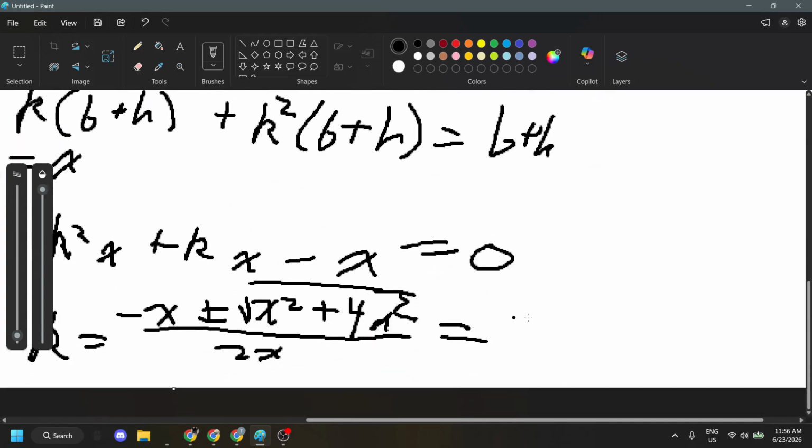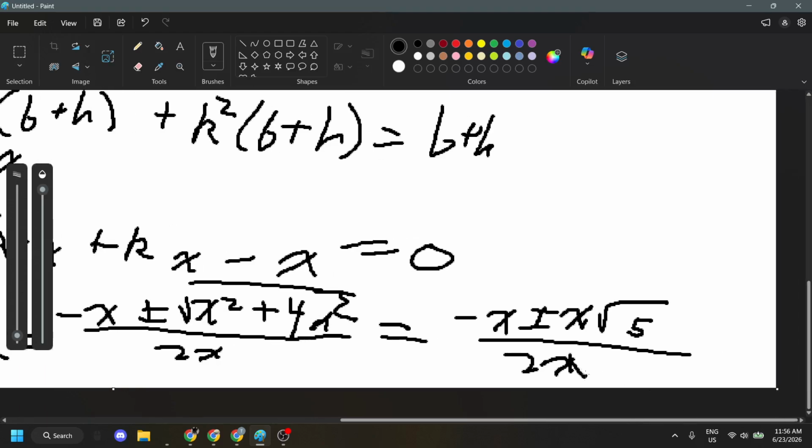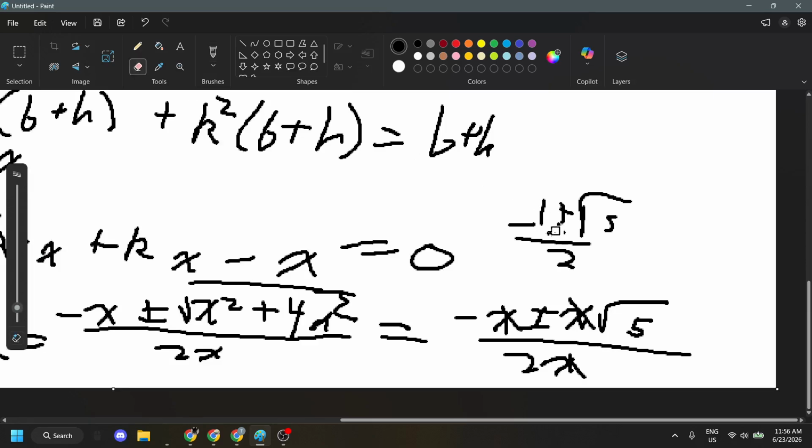So this is equal to negative x plus or minus the square root, it's going to be x root 5, all over 2x. Ooh, we can cancel out the x's. We get negative 1 plus or minus the square root of 5 over 2. So it's going to be plus, we don't want the minus.